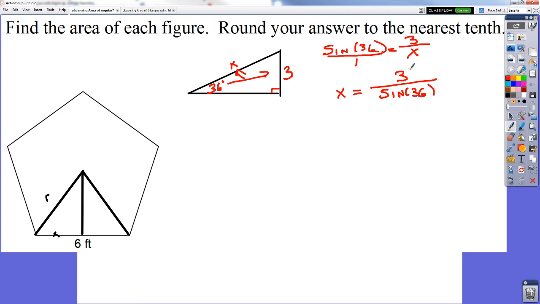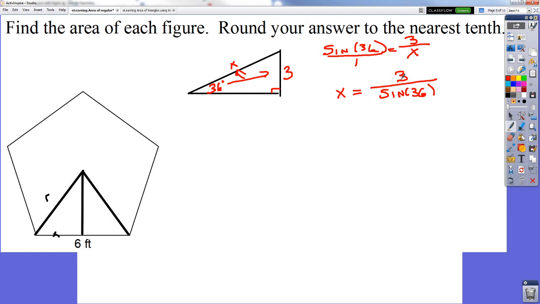If you are having trouble seeing how we got from here to here, go back and check out the video I did, the review of trig. At this point, I want you to be able to get from here to here pretty easily. And this is our radius. Now, you could theoretically leave it like this. That's totally cool, but you do not have to.